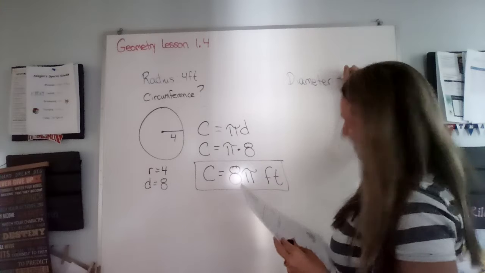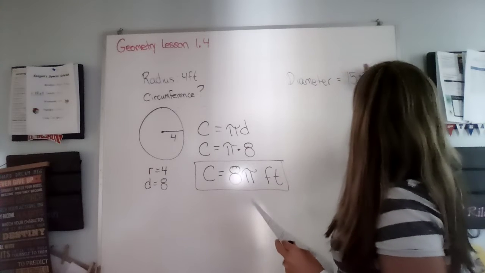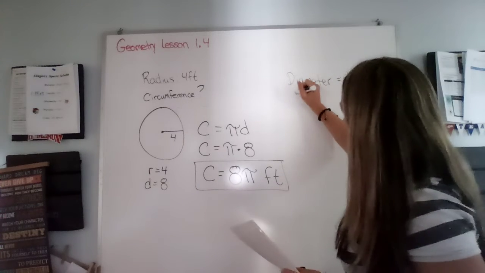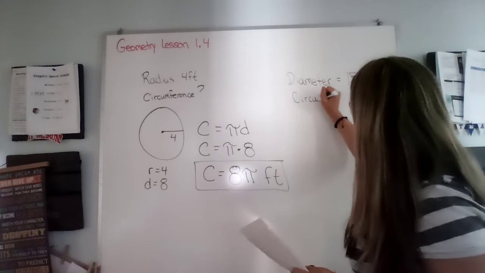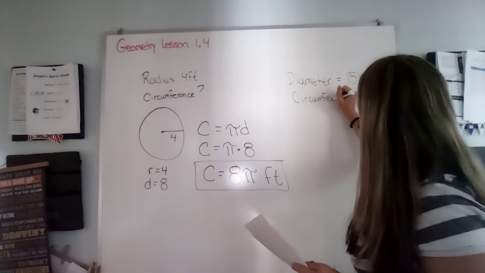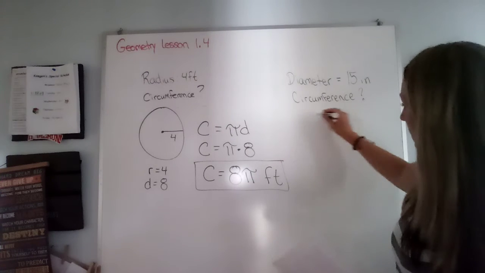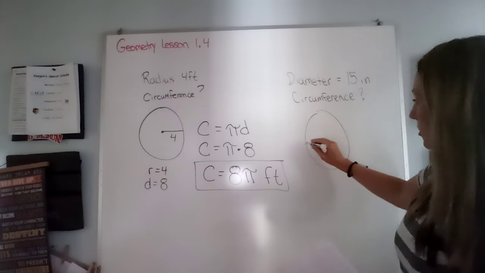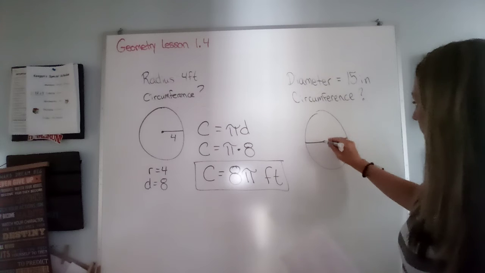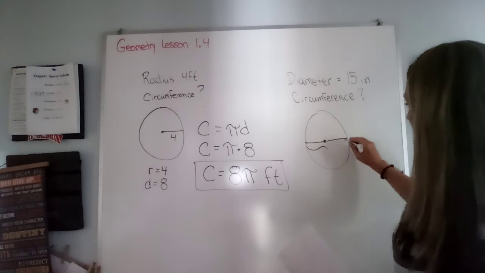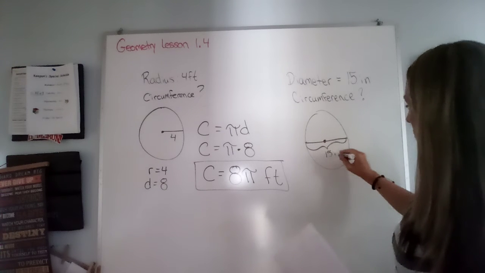So the next problem is 15 inches. And again, we're looking for circumference. So it's a similar problem. In my diagram here, my diameter this time is given as 15 inches.